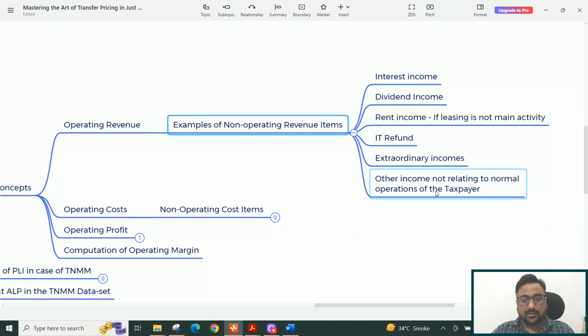These are just illustrative. When you see the comparable entity, you may have a bigger list as well. You need to exclude that portion of income which is not operating in nature. That is the gist.